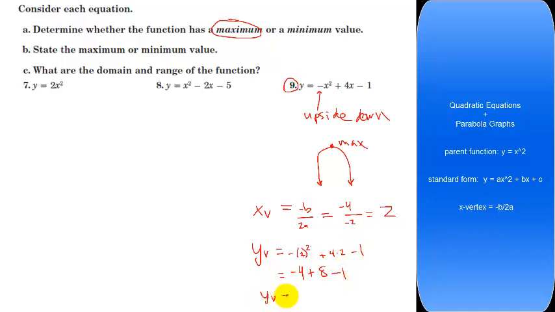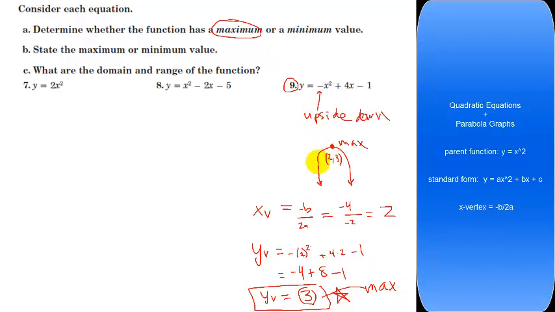So negative 4 plus 8 is 4, and 4 minus 1 is 3. So this point right here is (2, 3). The maximum value of this function, the highest that it ever goes, is 3.